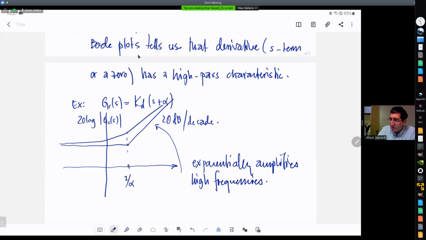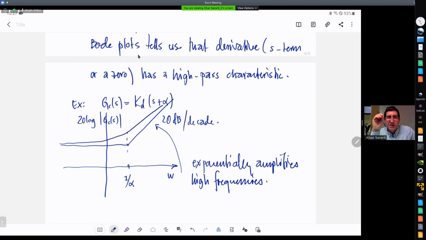Okay, this is what we mean by a high pass effect, and if you are taking 430, you will also use that terminology, the filtering terminology. So this is not a good thing, because if you have any existing noise in your measurements, let's say you are measuring y of t and you have a constant reference, any noise in measuring y of t will actually be apparent in the error function e of t as well.